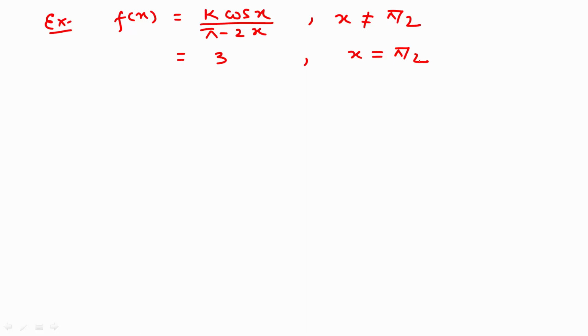If we put x is equal to pi by 2 here, cos pi by 2 is 90 degrees, and pi minus 2 times pi by 2, the 2 and 2 cancel, pi minus pi is 0. So this function will be in the form of 0 by 0, and 0 by 0 is not defined.